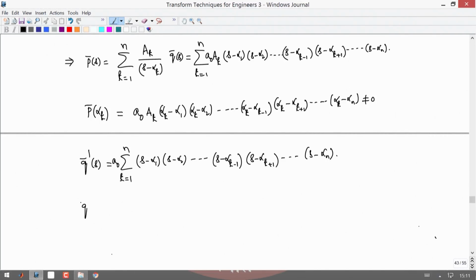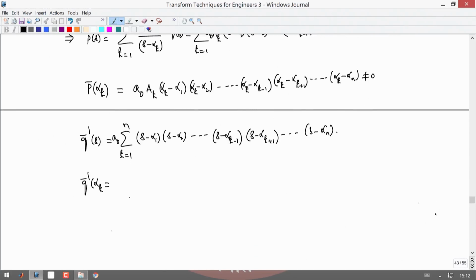Again, if you replace s by alpha k in q bar dash of s, what is q bar dash of alpha k?